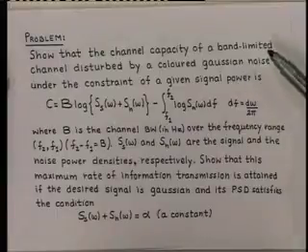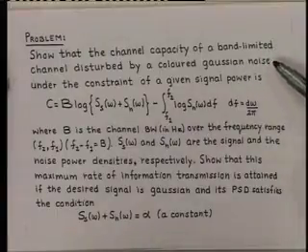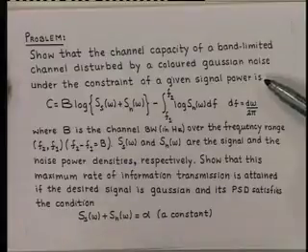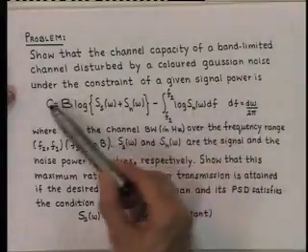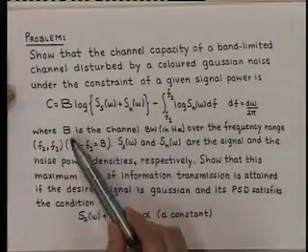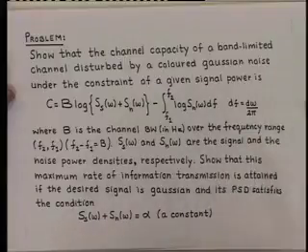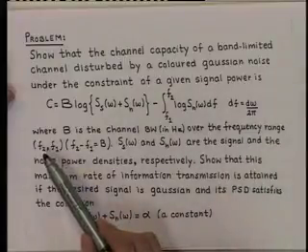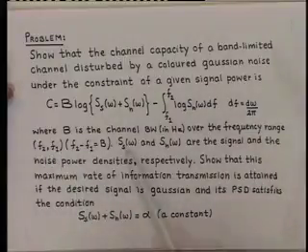So, the problem is to show that the channel capacity of a band limited channel disturbed by a colored Gaussian noise under the constraint of a given signal power is given by this expression, where B is the channel bandwidth in hertz over the frequency range f2 to f1.